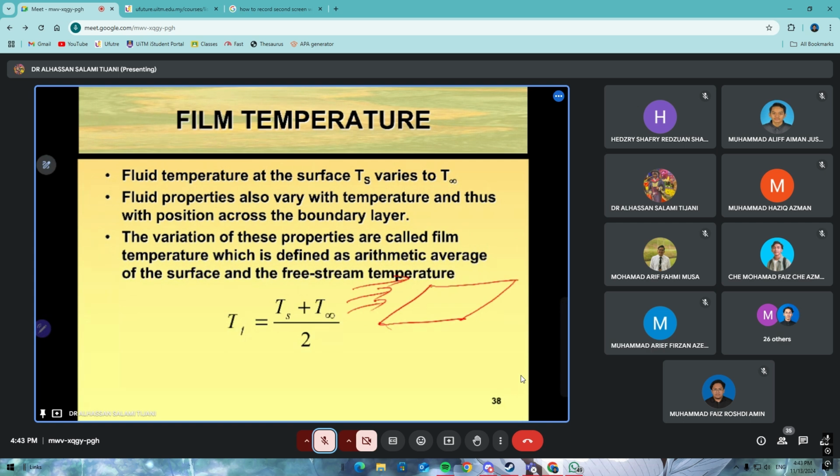If the temperature of the fluid is T infinity and the temperature of the surface is Ts, the film temperature is defined as Tf = (Ts + T infinity) / 2. It is this value of Tf that we use to find the density of the fluid, the Prandtl number, the dynamic viscosity, kinematic viscosity, and so on.